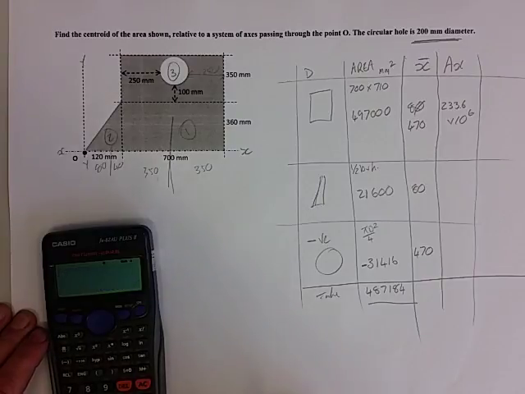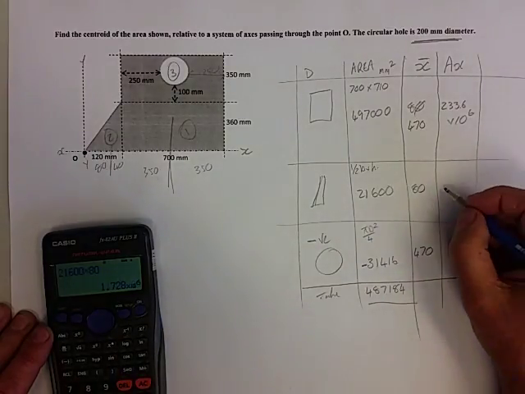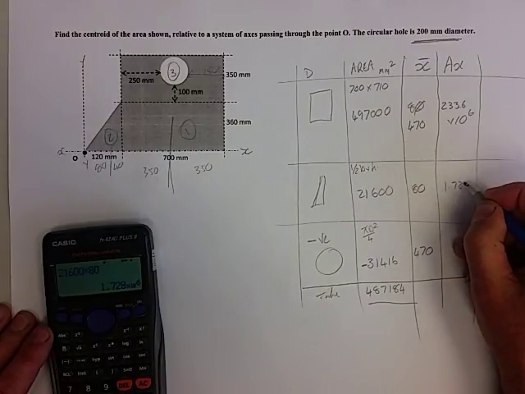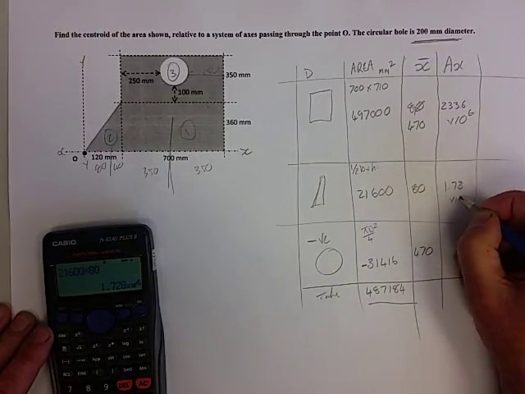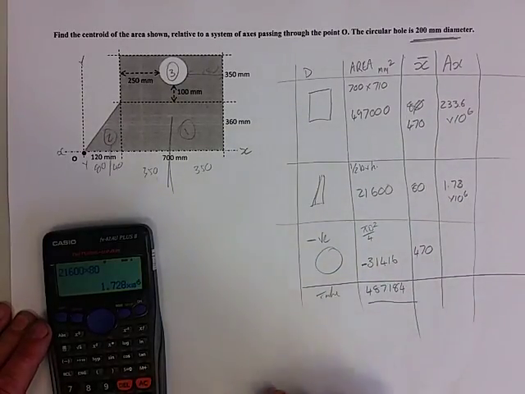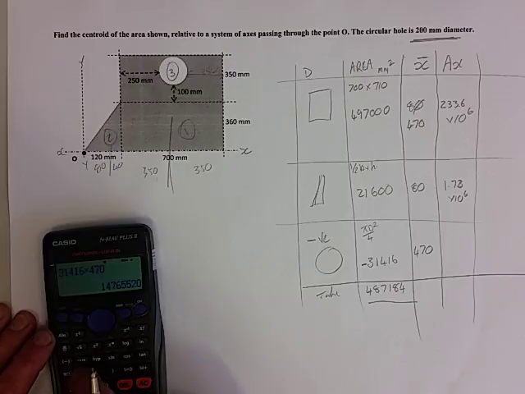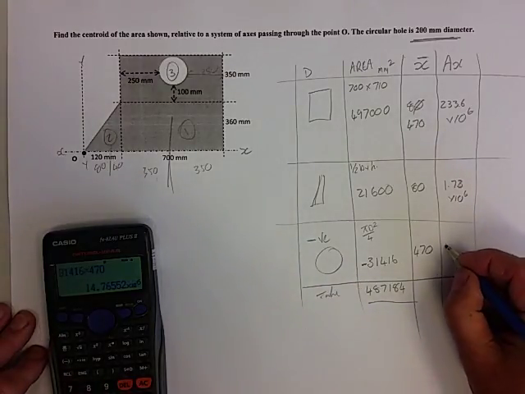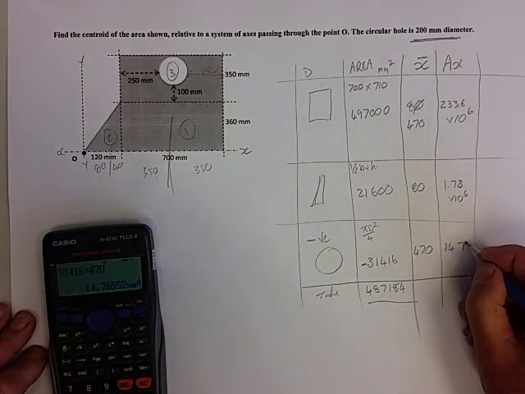Now we'll move on to the triangle. 21,600 times 80 equals, hit the engineering button, I get 1.73 times 10 to the 6. And now we'll move on to our circle, 31,416 times 470 also equals, hit the engineering button, and I get 14.77 times 10 to the 6.